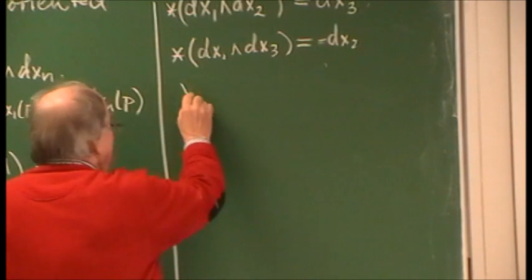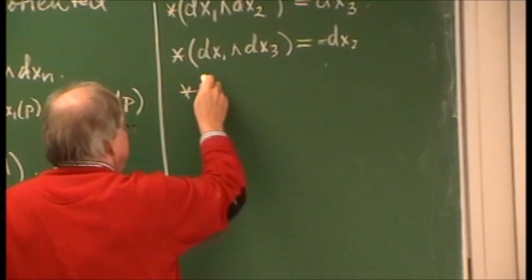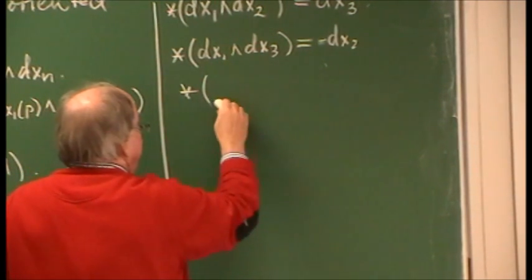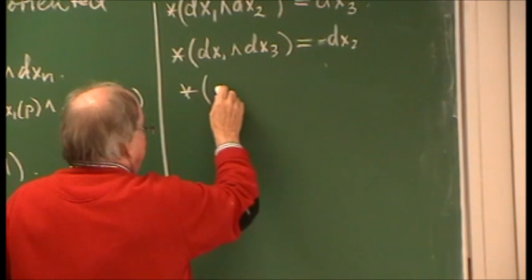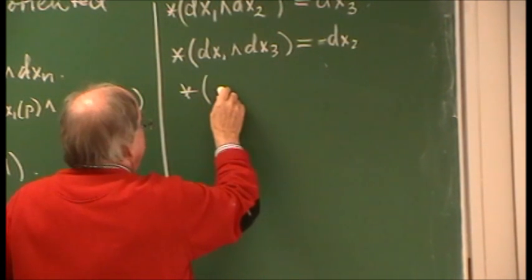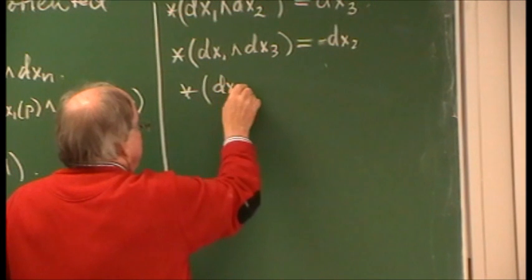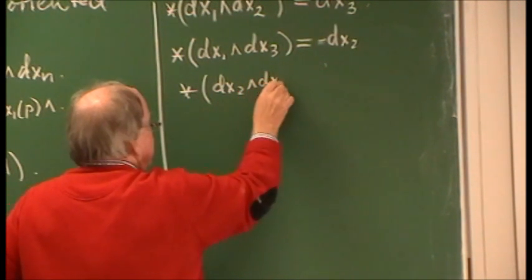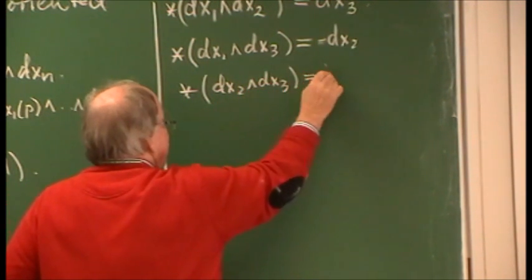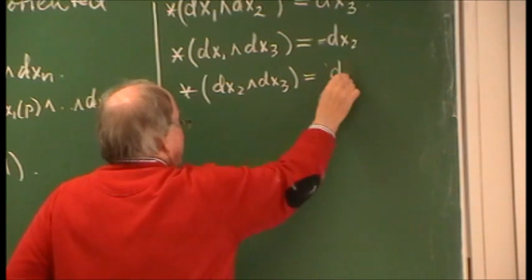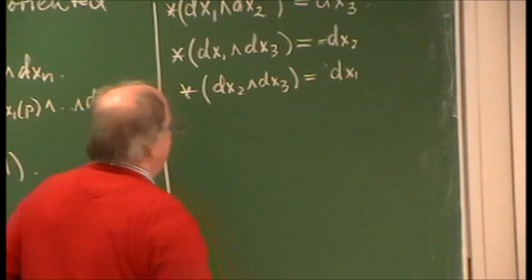Getting some feeling. This operator is then going to be linear, so I just need to define it on the basis. Star of dx2, dx3, any guesses? It's dx1. Okay, somebody knows.